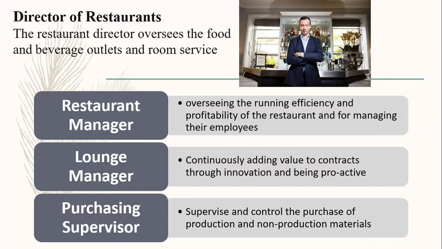This staff's responsibility is to ensure smooth operation of the restaurant daily. And the next is purchasing supervisor. Supervise and control the purchase of production and non-production material based on the purchase request schedule according to the company's need as set out in the budget.